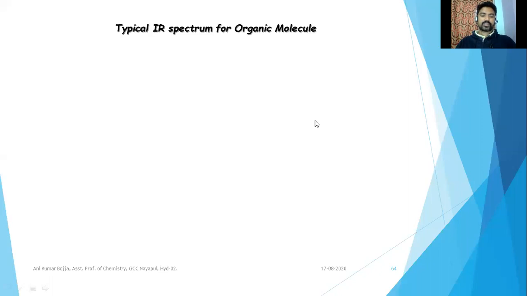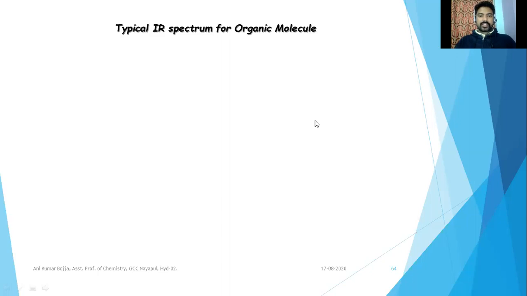There are three types of sources that we studied in previous classes: Nernst glower, globar, filament, and incandescent light. These are the three sources that we use as IR radiation sources in an infrared spectrometer.